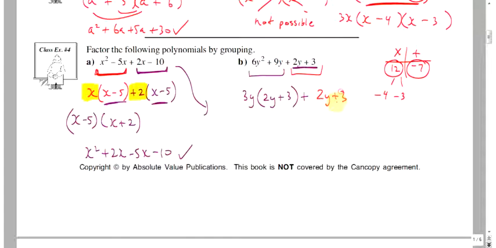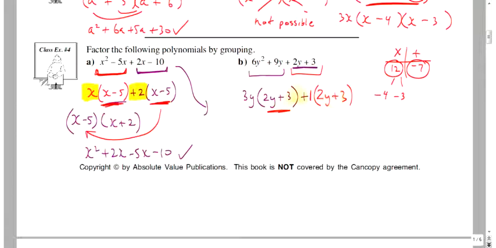So what do I factor out to get the same thing in my brackets? A 1. Okay? That's the only way it's going to work. I have nothing to factor out. But remember, if I don't have the same thing in these brackets, how am I going to factor that out and make this two binomials? I have to put a 1 here.